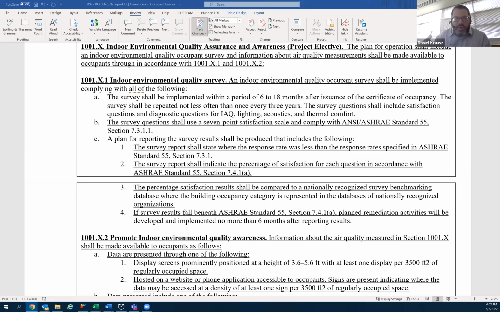I don't see why one would be just planning for it in the future versus this. Either the survey and the reporting are planned for the future, or the reporting shall take place. So I would prefer the change in C, a report of the survey results would be the correct language. A report of the survey results shall be produced.